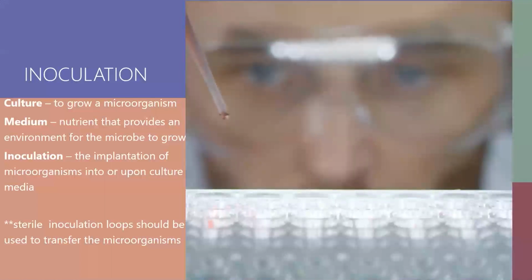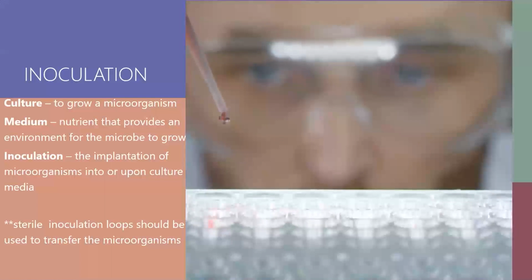Inoculation is going to be us implanting or moving the microorganism into the culture media. So this would be if we're taking a patient sample, then we would take from that swab and put it into our broth or on the agar to grow it up. To do this, we will use a sterile inoculation loop.